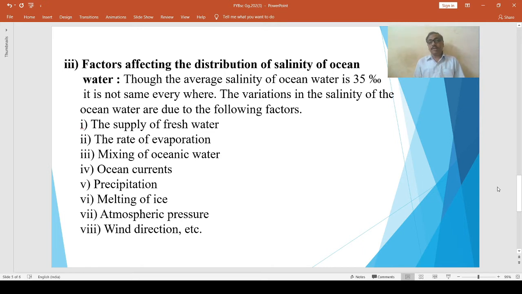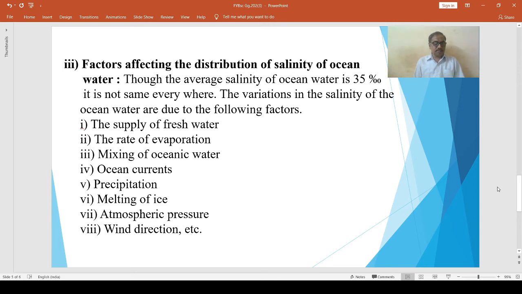These factors are the supply of fresh water, the rate of evaporation, mixing of oceanic water, ocean currents, precipitation, melting of ice, atmospheric pressure, wind directions, etc. These factors affect the distribution of salinity of ocean water.